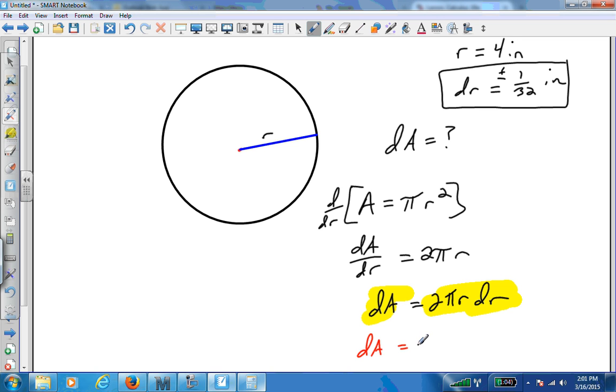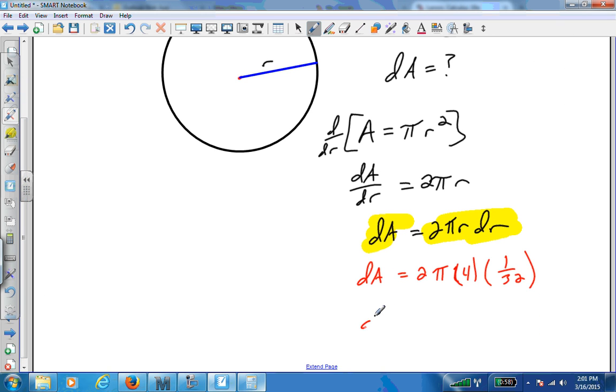So if I measure the radius to be 4 inches, and there's a possibility of being 1/32nd of an inch off in that measurement, then my area could have an error of 2 times 4, so 8 pi over 32, or pi over 4.